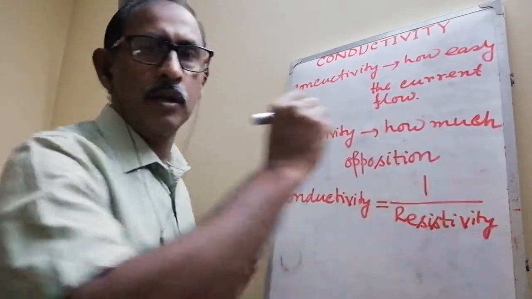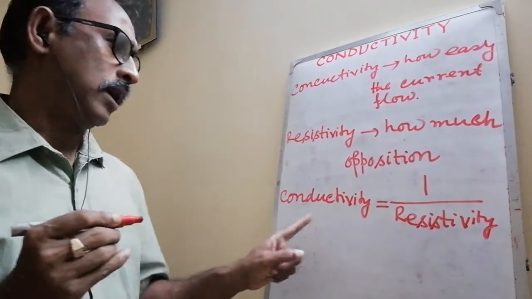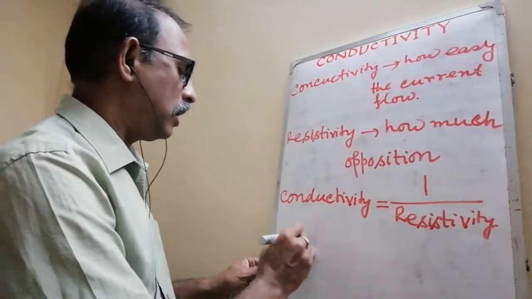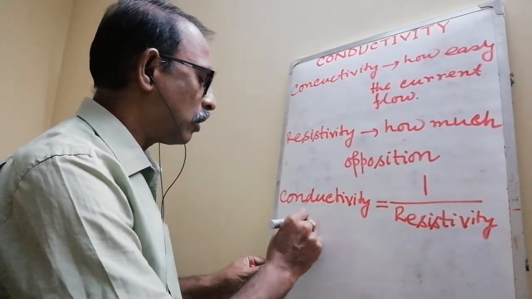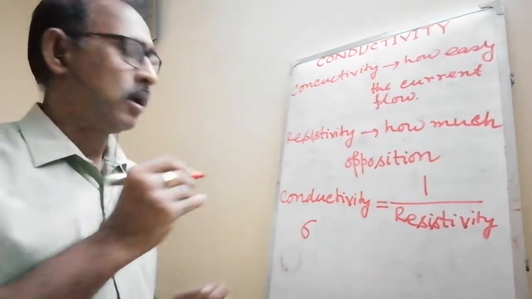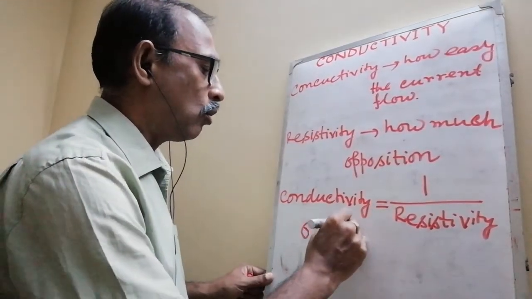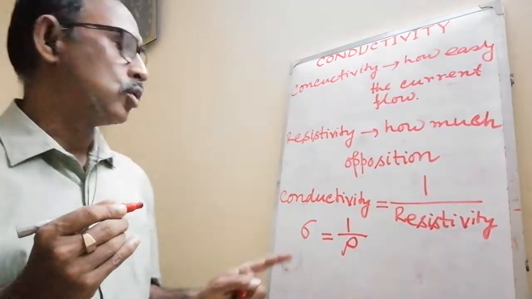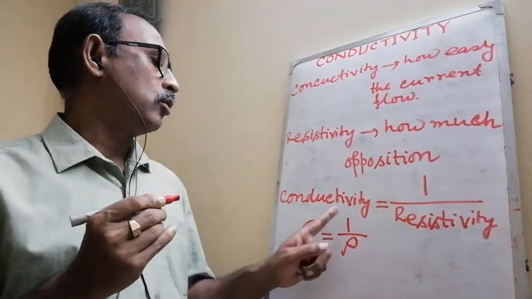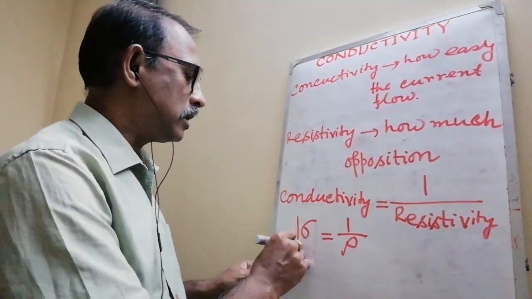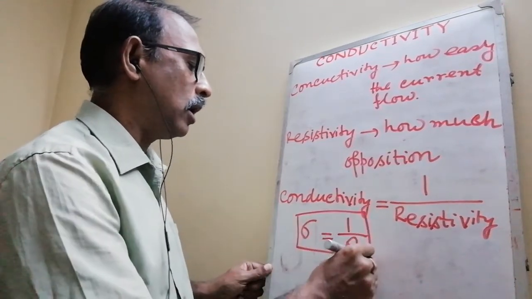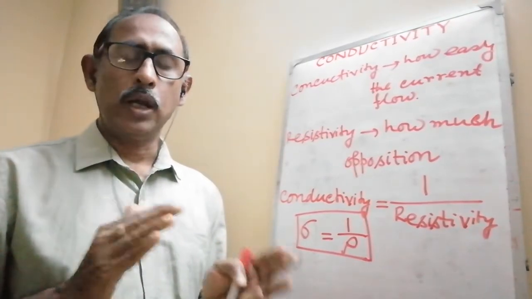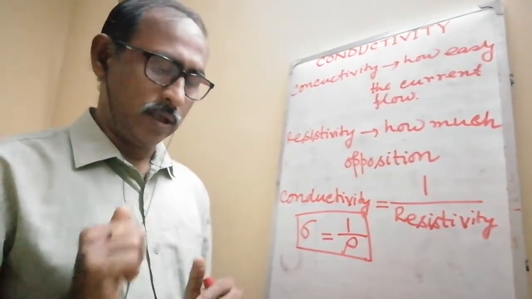Conductivity, denoted by sigma, is equal to 1 by resistivity, which is rho. So sigma is equal to 1 by rho. This is the relation between conductivity and resistivity. That means both are reciprocal to each other.